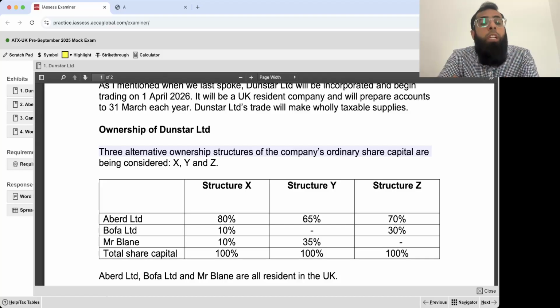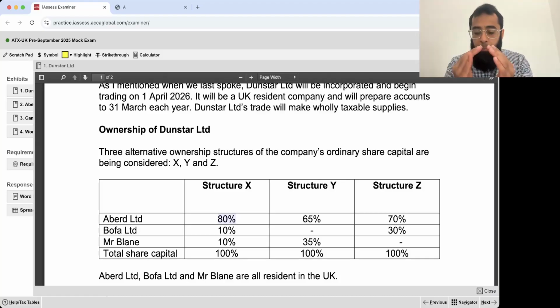Okay. Ownership of Dunster Limited. Three alternative ownership structures of the share capital are being considered. Structure X: Abrid Limited will own 80% of the shares, BOFA will own 10%, and Mr. Blaine will own 10%. When Abrid has 80% ownership, it will form a group, not an accounting group, but a tax group, a capital gains group, and a 75% group, because for both of them the direct ownership requirement is 75%, and there is no indirect ownership situation in this case.